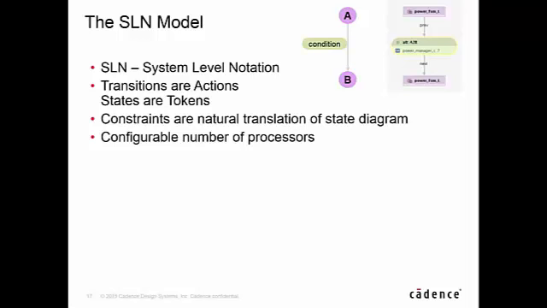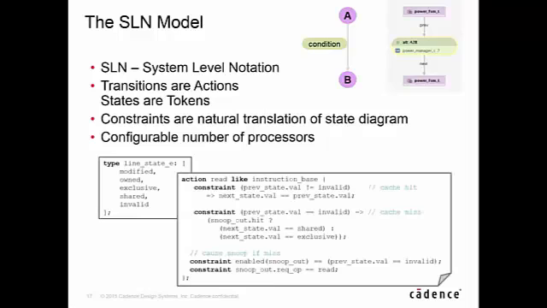The constraints are then written such that you can naturally describe that state diagram and configure the number of processors. And this gives an example of setting the constraint to show what the previous state value was, and how to get to the next state value under a cache hit situation, under a cache miss situation, and then the snoop that happens if a miss occurs.